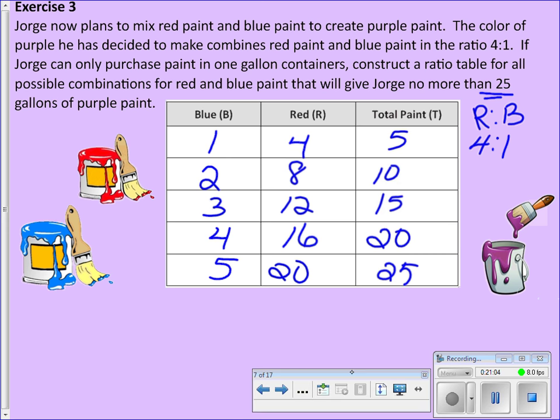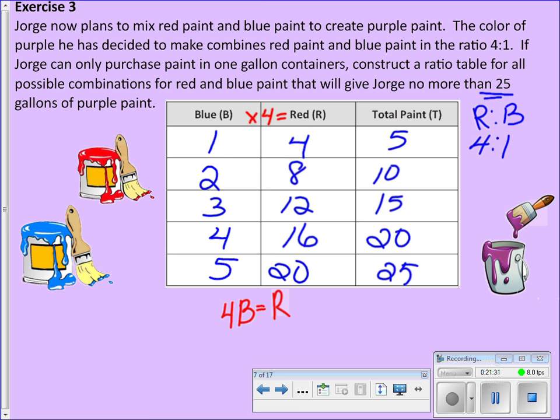Someone's holding up their card. What did I do to blue to equal red? Blue times 4 equals red. So how can we write that? Blue times 4 equals red. I find it really helps if you label the top of the table. Blue times 4 equals red.